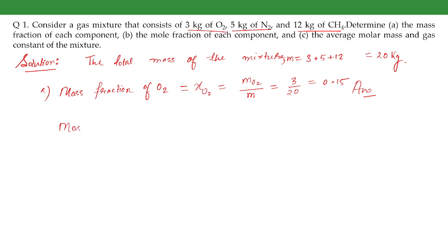Similarly, for the other two, the mass fraction of nitrogen is X of N2, that is mass of N2 by the total mass. So this is 5 by 20, which is 0.25.